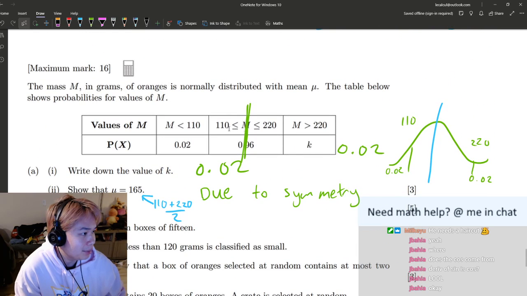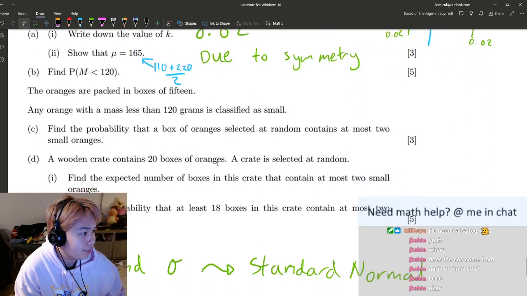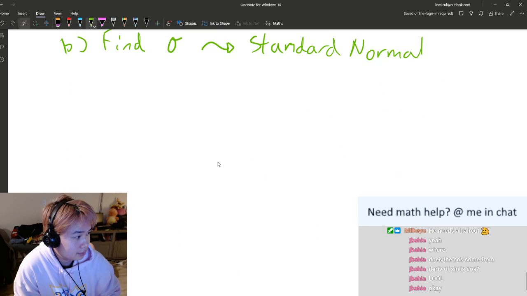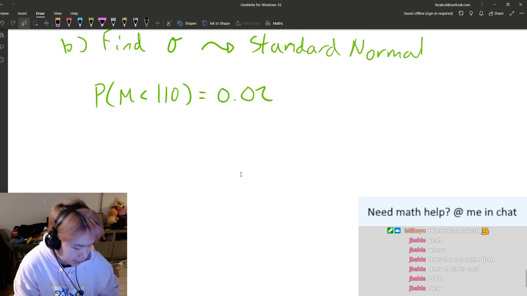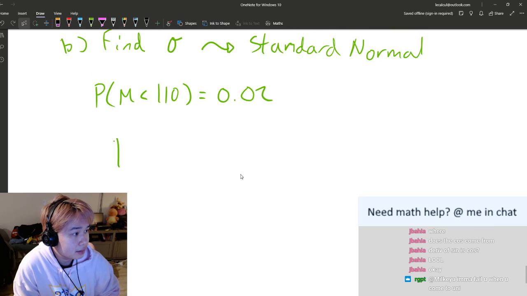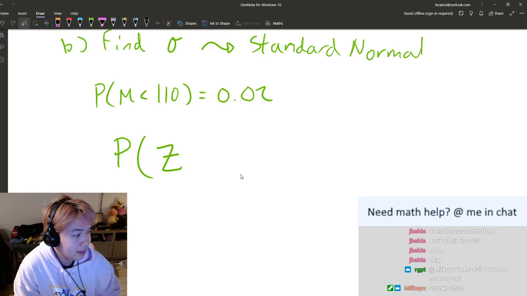So, we're going to take this upper bound right here. And we are going to standardize it. So in other words, this becomes the probability of your Z being less than 110 minus our mean, which we just found out.